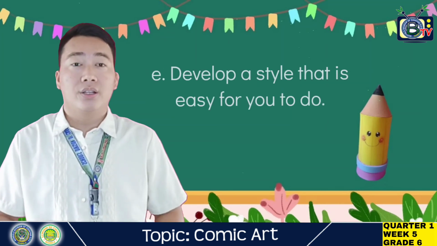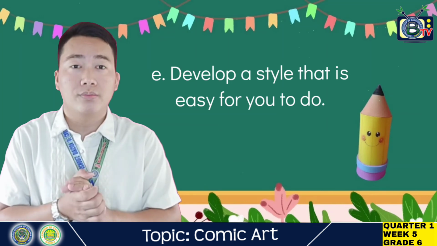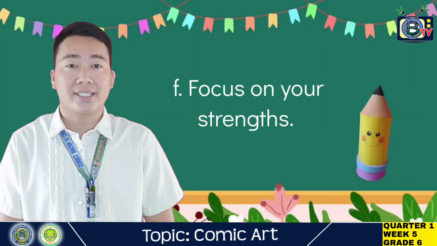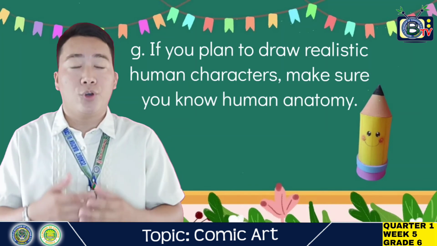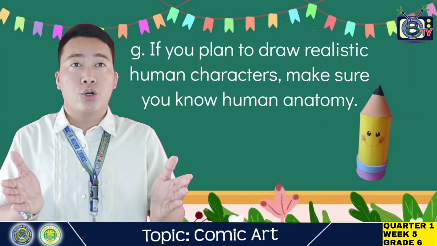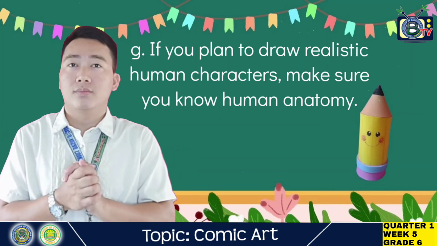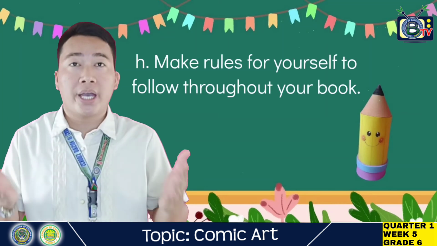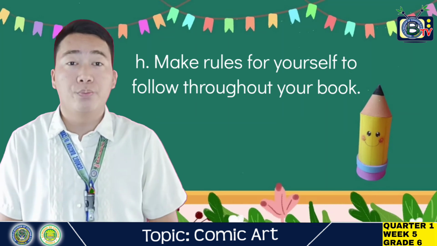E. Develop a style that is easy for you to do. F. Focus on your strengths. G. If you plan to draw realistic human characters, make sure you know human anatomy. Last, H. Make rules for yourself to follow throughout your book.